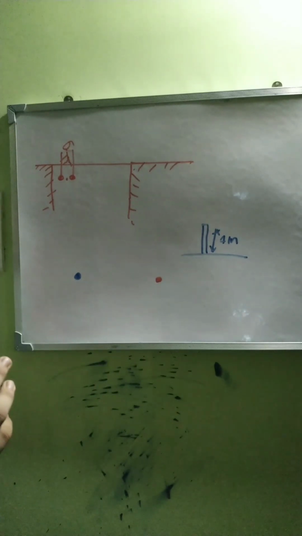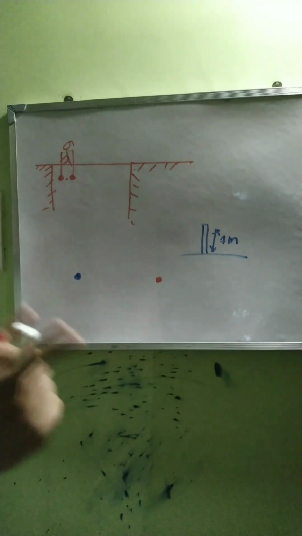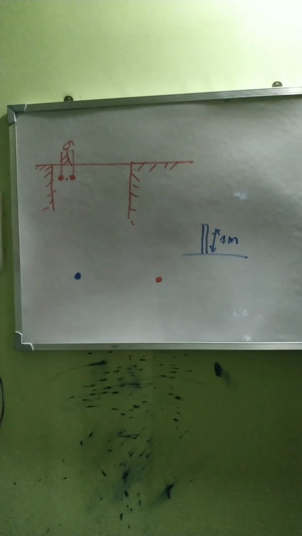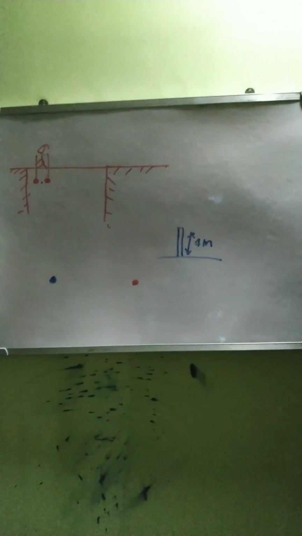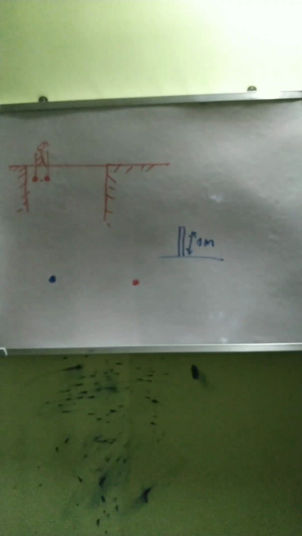So, as I mentioned, the center of mass should be present just below the rope. That means the center of mass of the whole system should be present at a distance of 1 meter from the center of mass of the man.